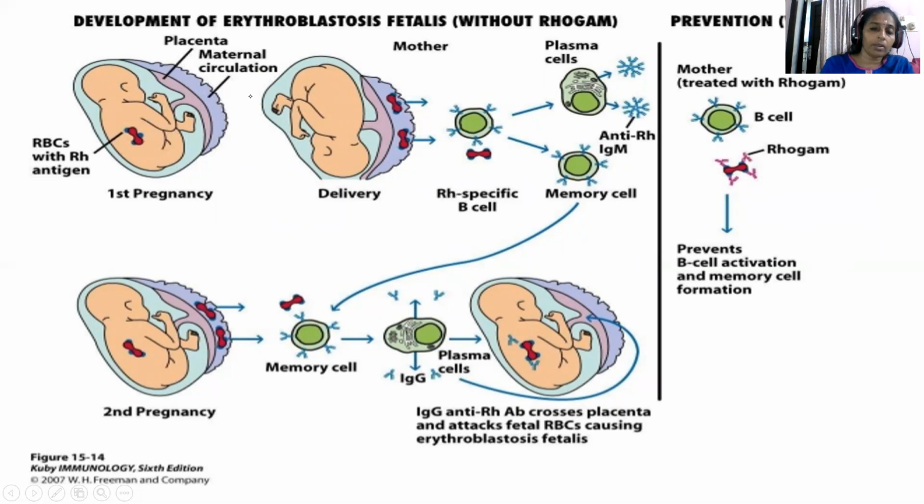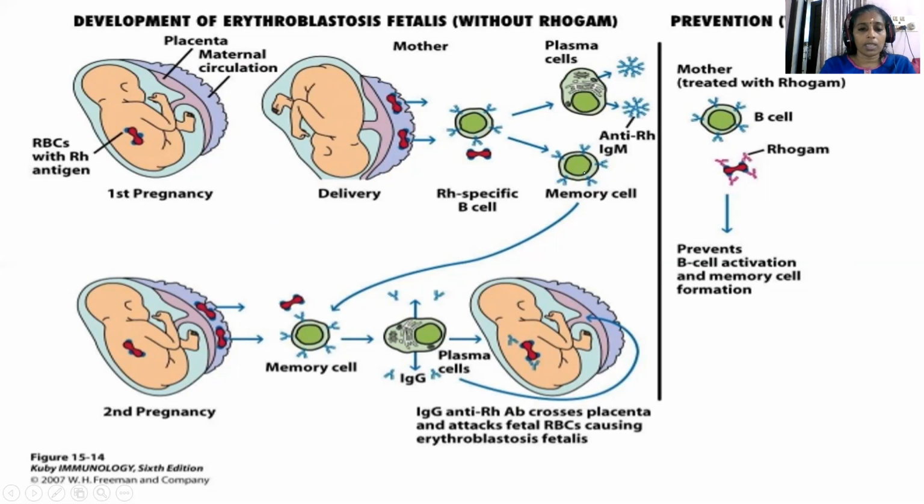But during the delivery time, in the first pregnancy, the antigen gets mixed with the mother's blood. So an Rh specific antibody will be produced during that time. The plasma cells will produce antibody, and Rh specific memory cells also will be there.